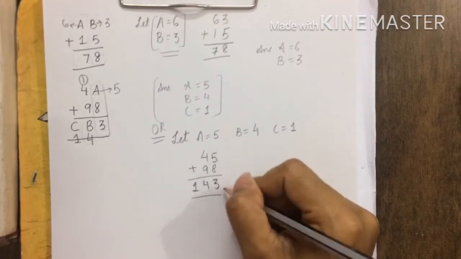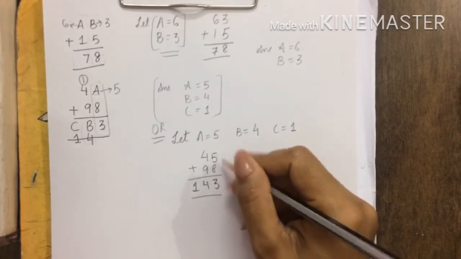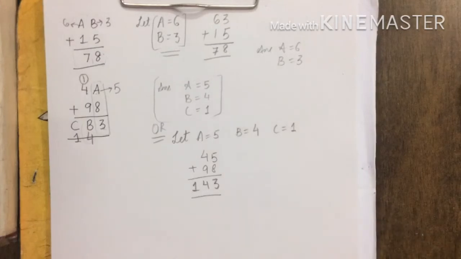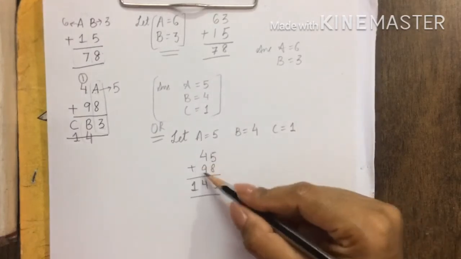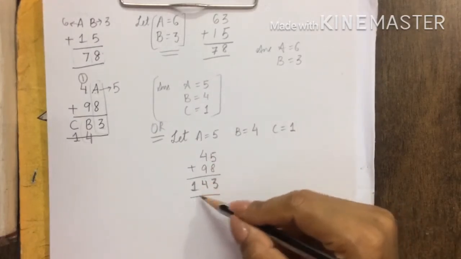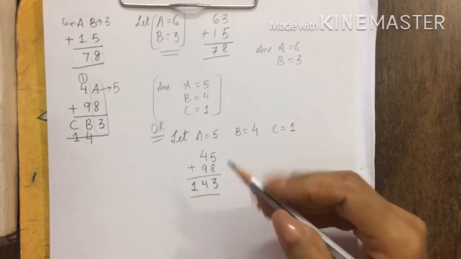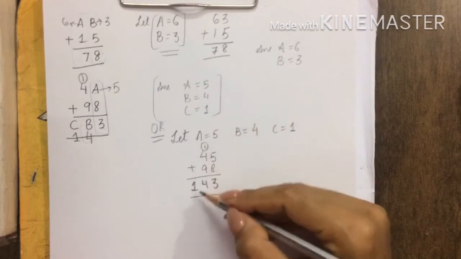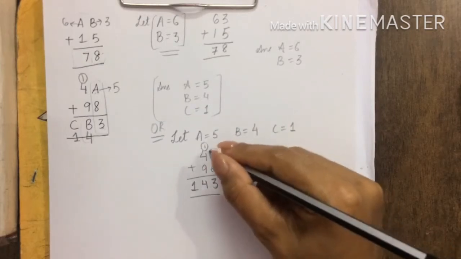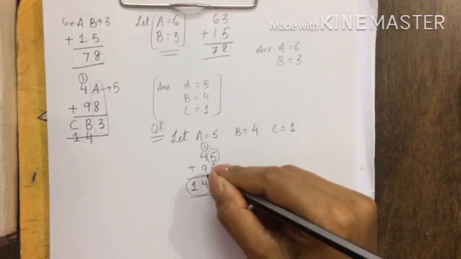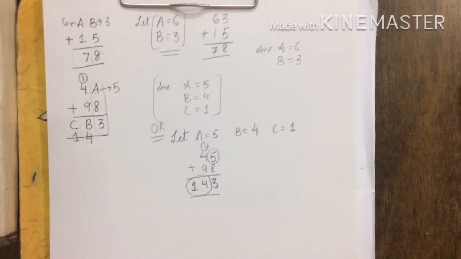Now I need to just check. This is kind of checking your answer, verifying if these values give me the right total. So 8 plus 5 is 13. 3 will be written here. 1 is carried over. The total is 143. So this and these two give you the answer.